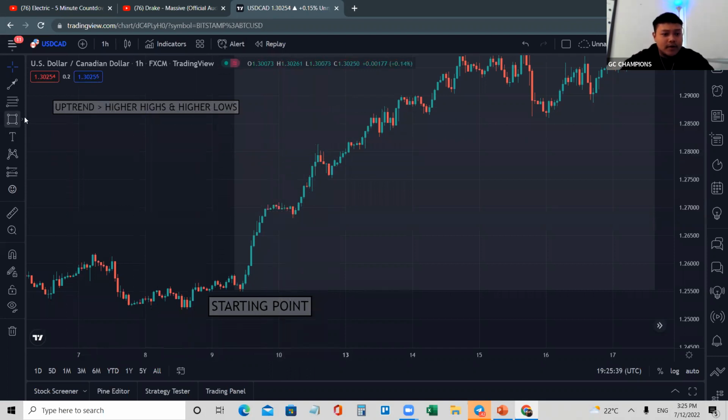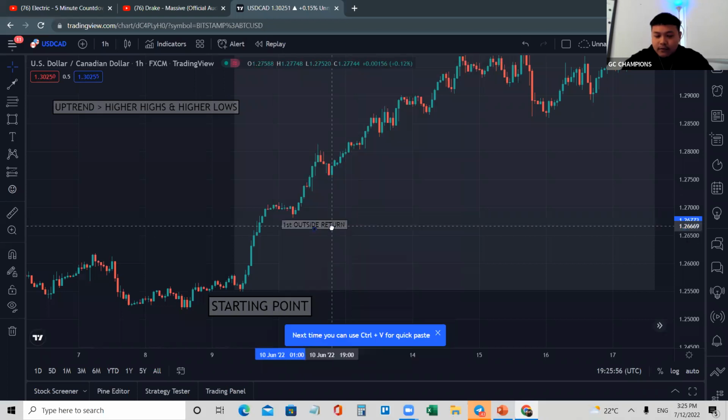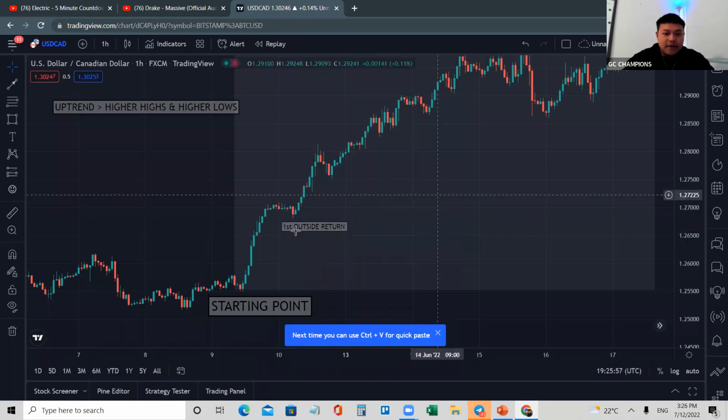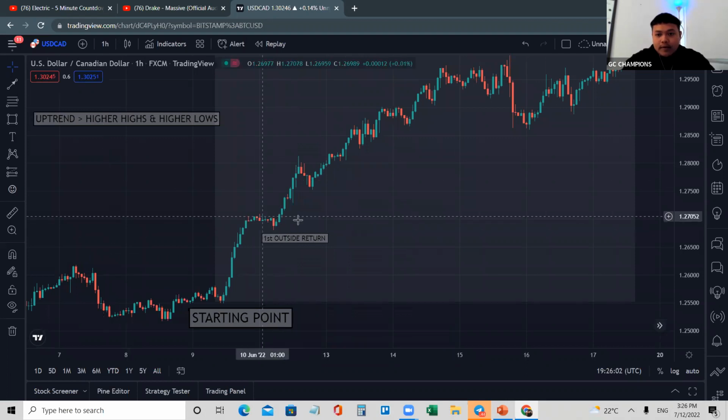So now you have your first outside return here. This is now your first outside return. And after that, it suddenly broke that specific area and did about five green candles again to start shooting up.